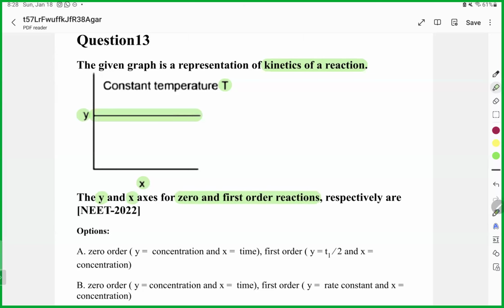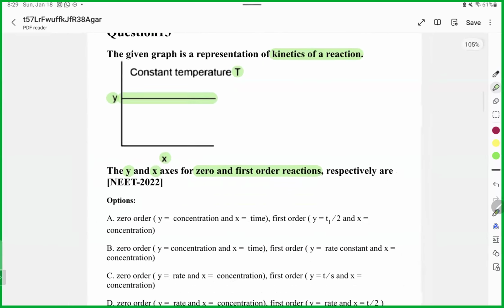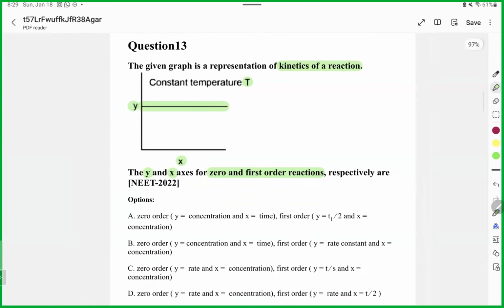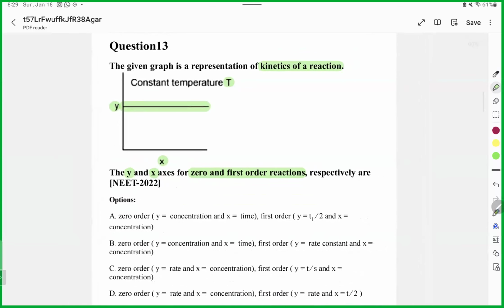Chandana? Yes, Shivansh. So is it option B?